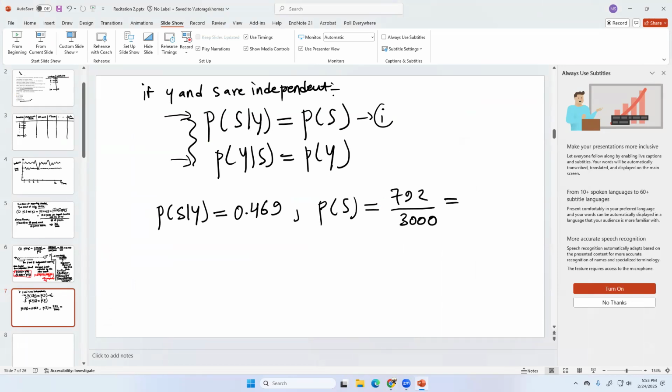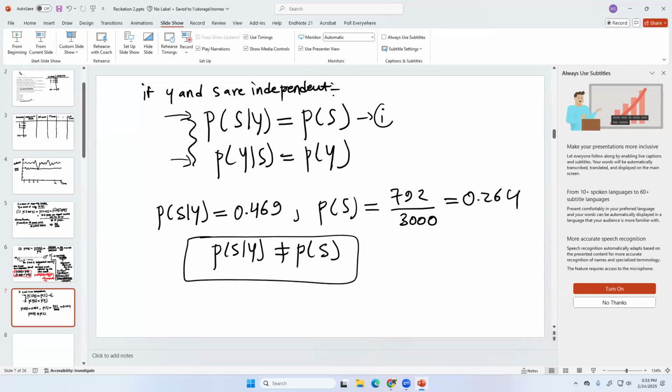So can somebody tell me what this is? Are they independent or not independent? They're not independent, right? Probability of S given Y is not equal to probability of S. And you don't have to check for both.